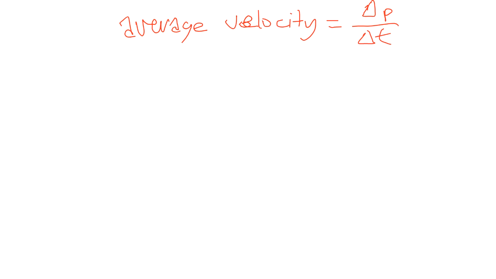So let's say we have a graph of position and time. Well, we can go ahead and find an approximation of speed at a certain point by once again doing our secant line.